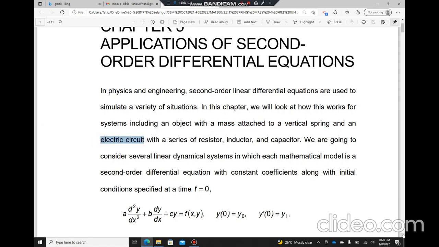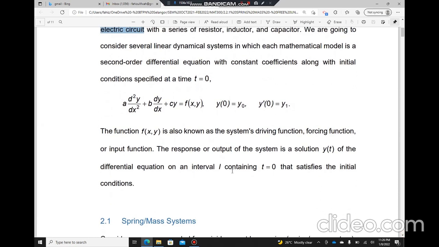Okay, so for second order differential equation, let us consider first, this is the general equation of second order differential equation: a d squared y over dx squared plus b dy over dx plus cy equals f(x,y). Okay, so kalau diberi initial value problem, so dia akan ada y(0) equals y0 and y'(0) equals y1.